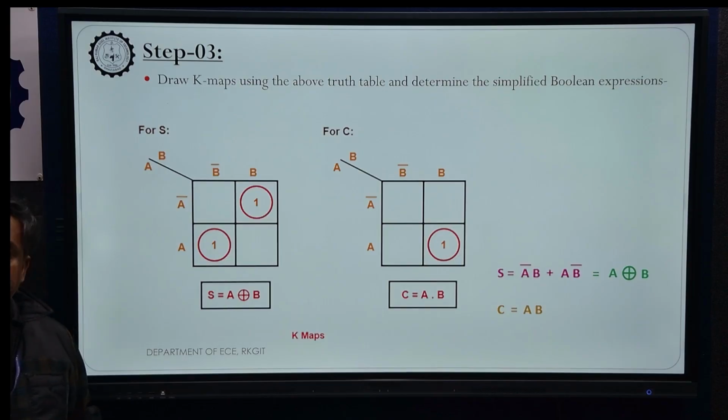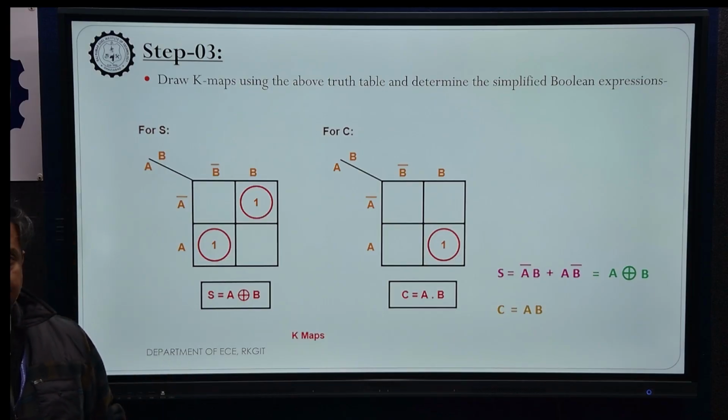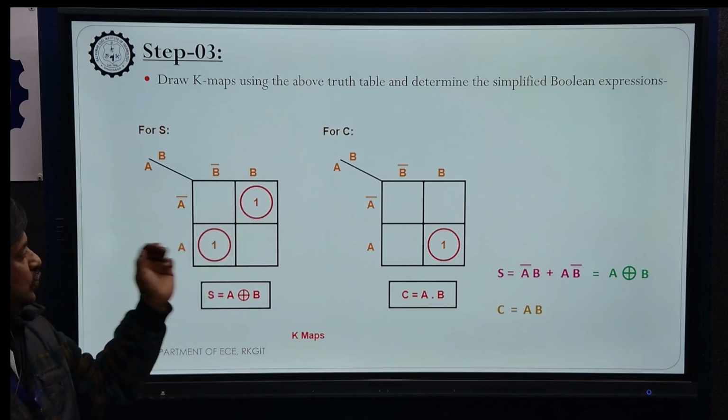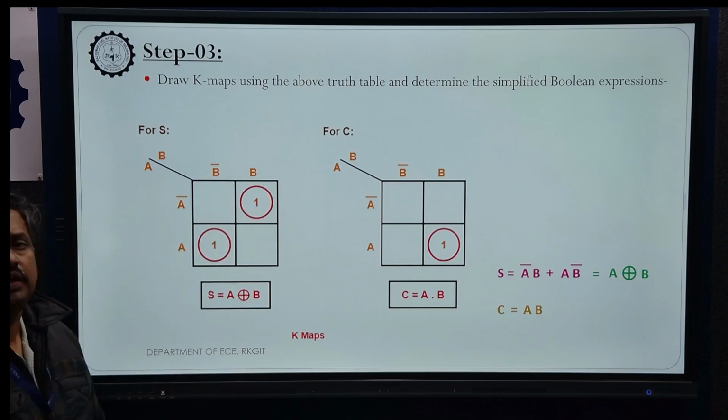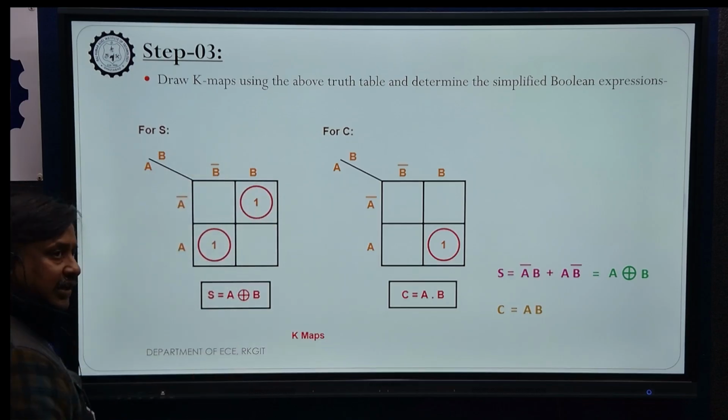Now we are already familiar with the grouping of K-map. In this there is no provision of grouping, pairing is not possible. So that's why these two min terms are individually grouped, and you can see the relationship.